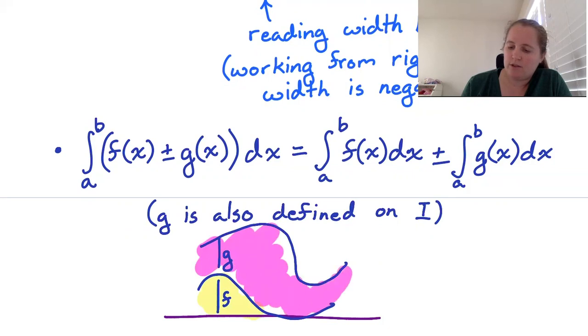It's a slightly strange shape because of how it adds on top of f, but that's basically what we're doing. It's just adding the two areas. It winds up being the same.